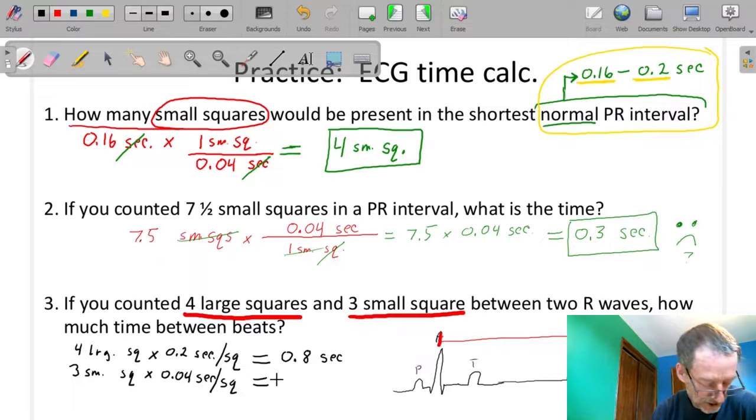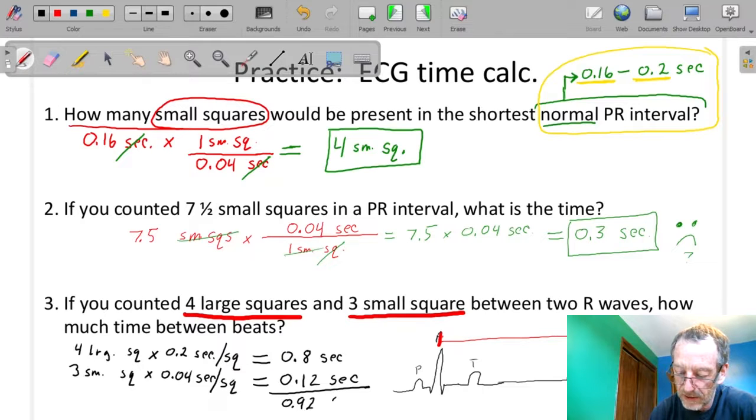Do the conversion and you wind up with 0.12 seconds. So add those together from R to R, and we wind up with 0.92 seconds per beat.